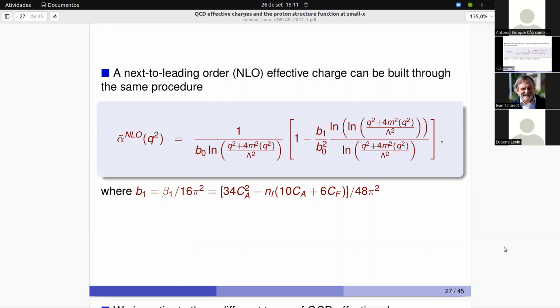If you change the Q squared for this form, we have exactly the expression for the effective charge at next-to-leading order. This is exactly the same expression you can obtain, for example, by taking the solution of the gluon self-energy and doing the whole procedure in the Schwinger-Dyson equation.